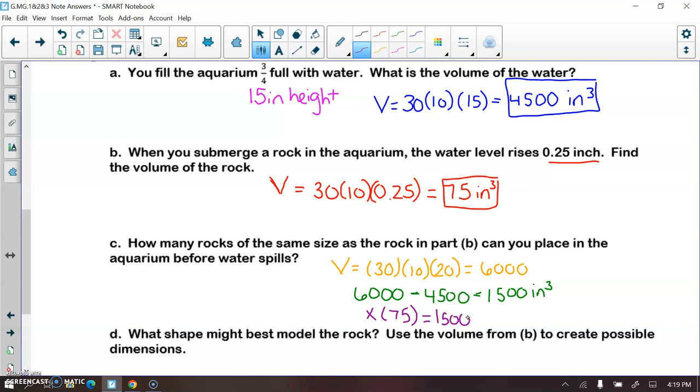So then if I do 1,500 divided by 75, I get x is 20. But that's how many rocks it would take to fill it to the very top. And yes, it says, can you place in the aquarium before water spills? So that is exactly what I want, 20 rocks.